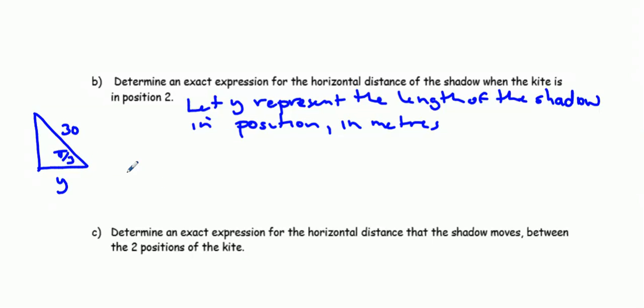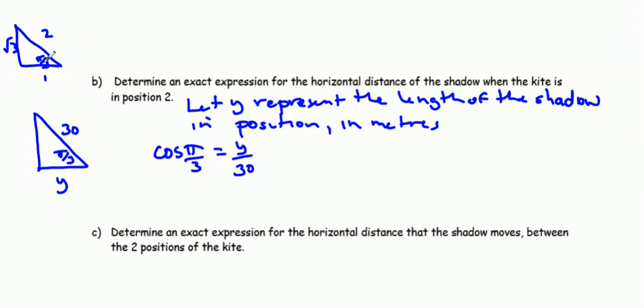Stick your finger on the angle. We're still going to use the cos of pi by 3. That's adjacent over hypotenuse. And we know that the cos of pi by 3 from our special triangle, let me just draw it here so everybody can see it. So this is pi by 3, which means this is root 3, this is 1, and this is 2.